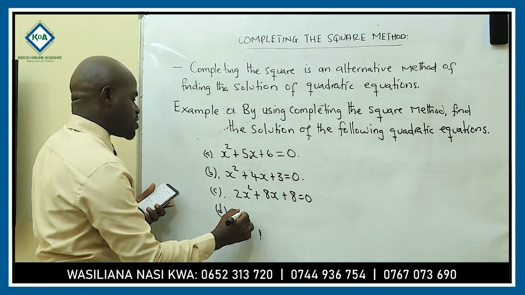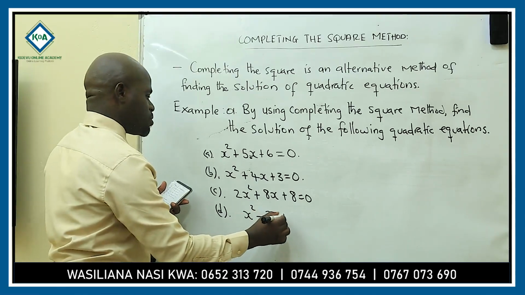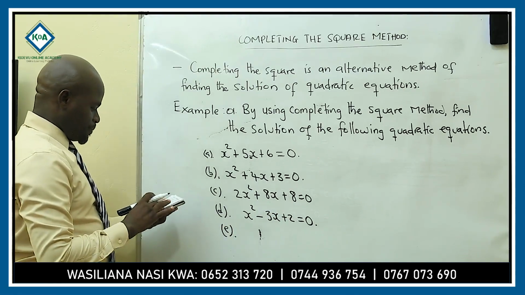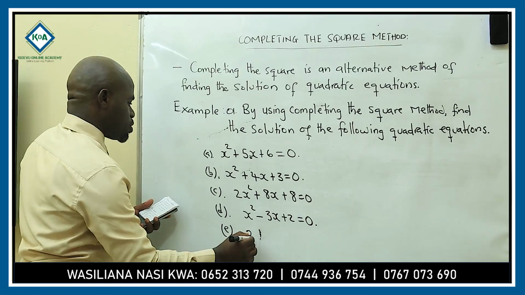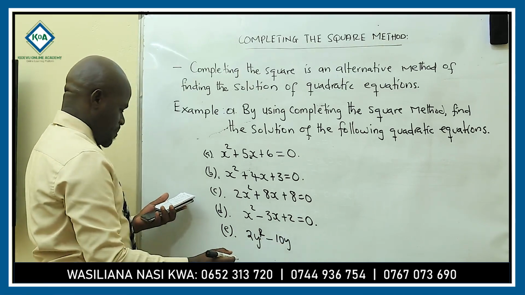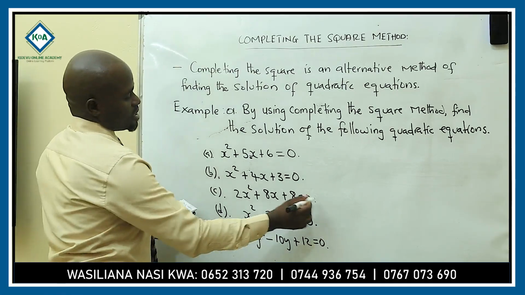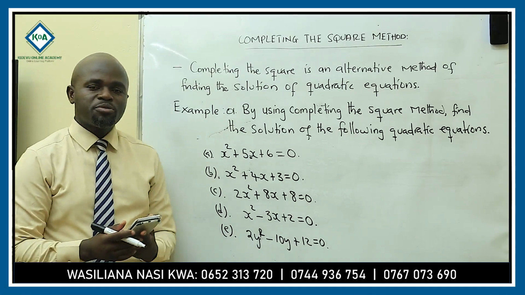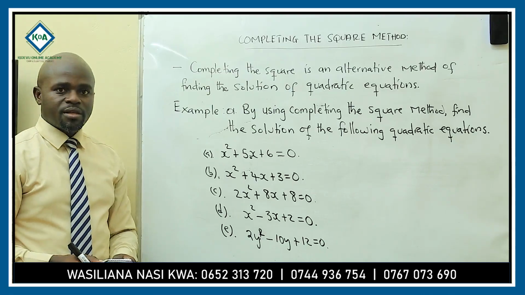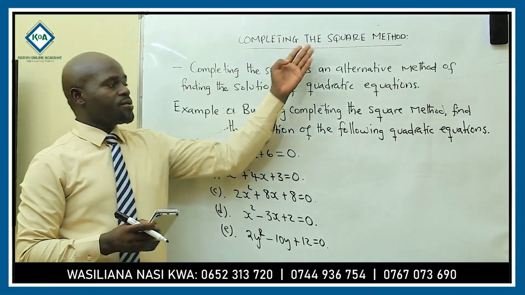D, we have x squared minus 3x plus 2 is equal to 0. And E, we have 2y squared minus 10y plus 12 is equal to 0. So these examples, we have to solve by using the completing the square method. Now, let us check one example after another, and the steps of solving these quadratic equations by using this method.